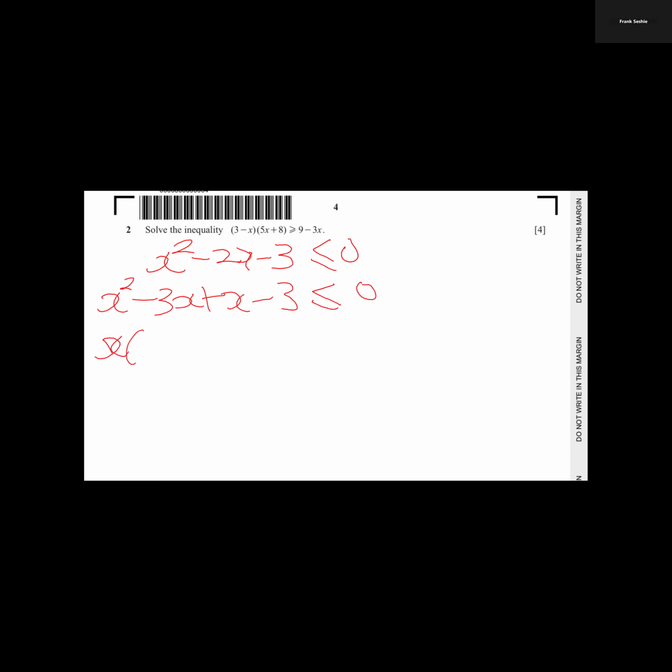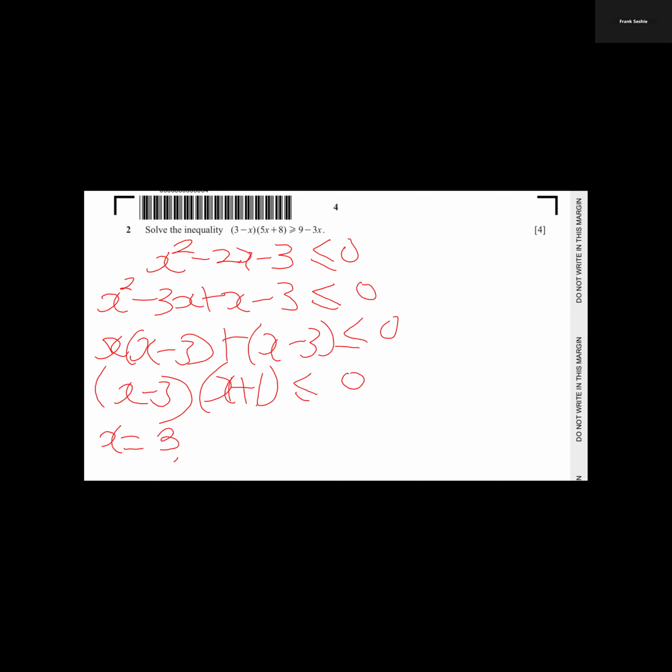So x out, x minus 3 plus x minus 3. So we have x minus 3, x plus 1. So if it's equal to 0, then x is 3 and then x is negative 1.